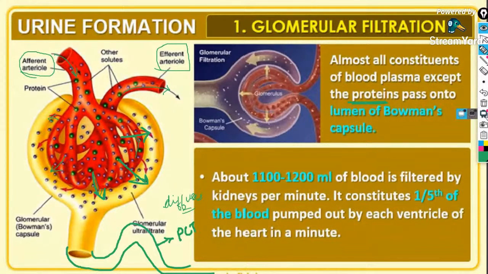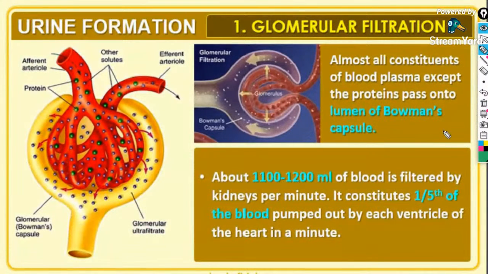The filtrate obtained in the Bowman's capsule we will call the glomerular ultrafiltrate, and the process of glomerular filtration is also called ultrafiltration.